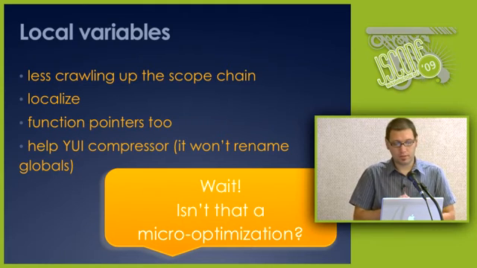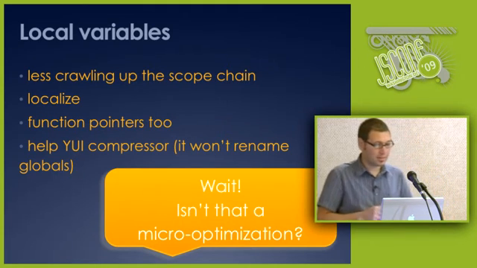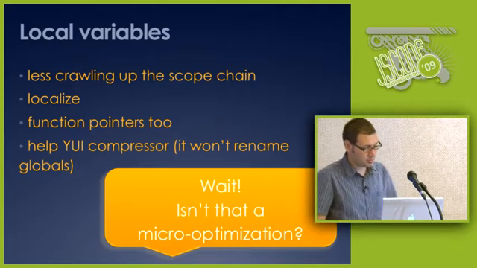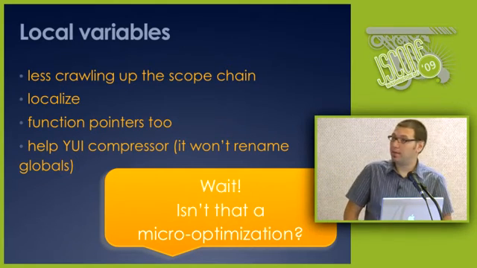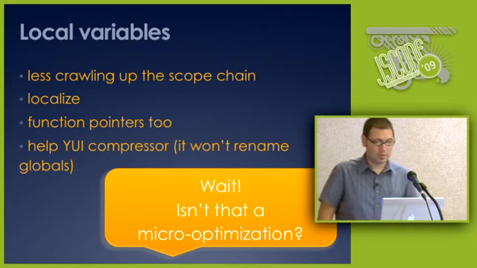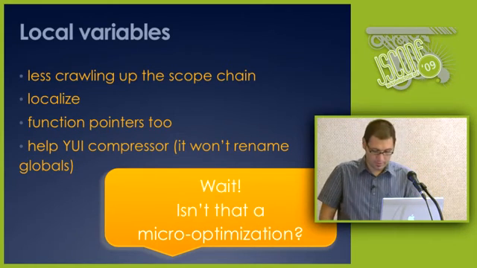But where it's important is when you have a lot of DOM access. That's where most of the time in the average application is spent, modifying the DOM, and the DOM is the most expensive part.